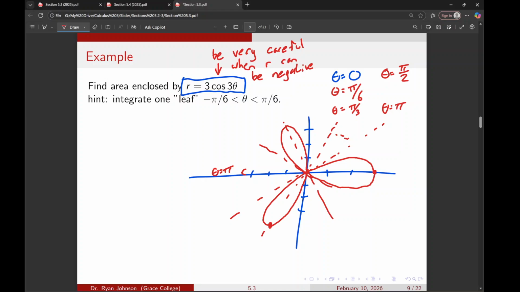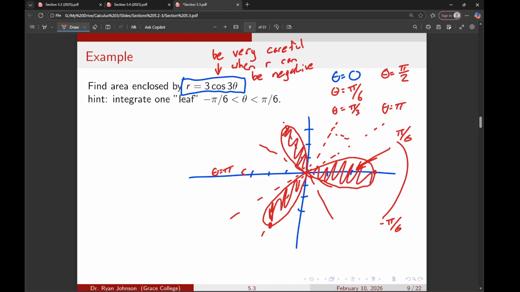So when I think about the area enclosed by this, I'm thinking about these guys, and you notice they're symmetric. And so it's going to be best to integrate over this leaf right here, which goes from negative pi over 6 to positive pi over 6.